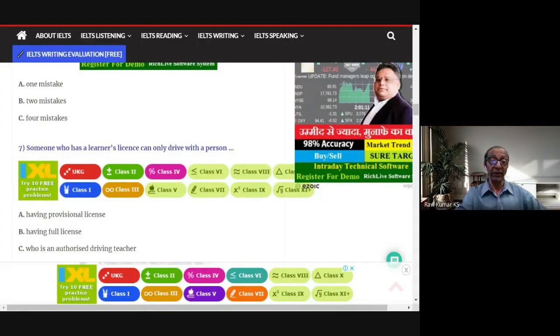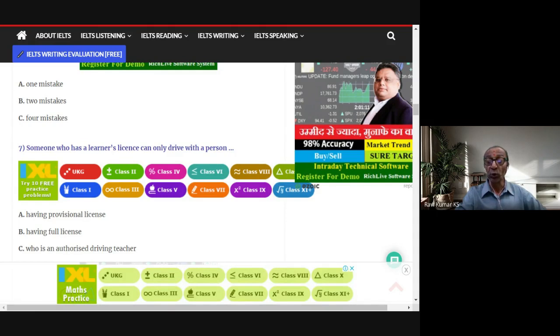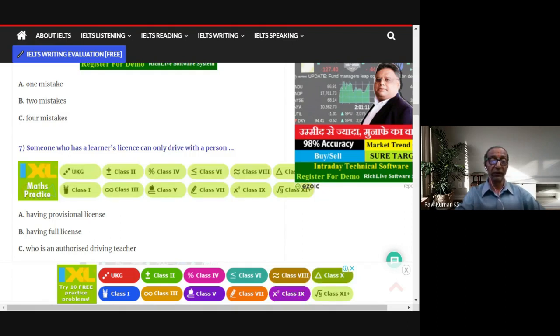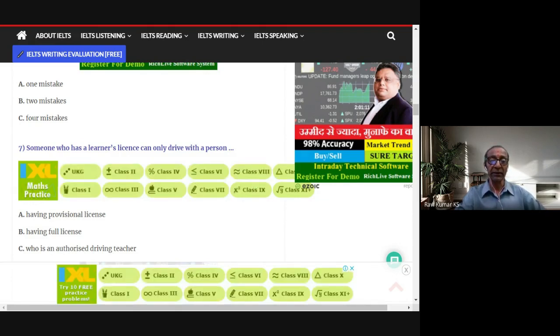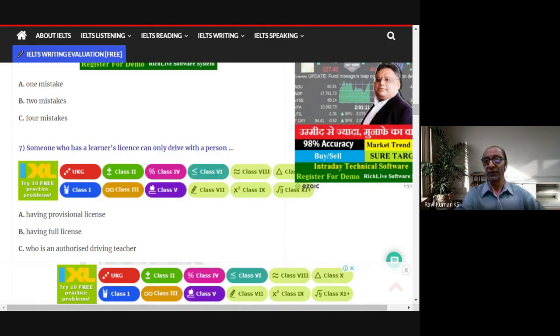If you are having a learner's license, whom should you have next to you in the vehicle which you are driving? Whether it is a person who is having the provisional license, or the full license, or an instructor from the driving school, that is the authorized driving teacher.